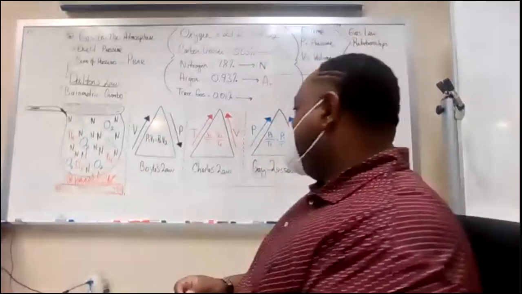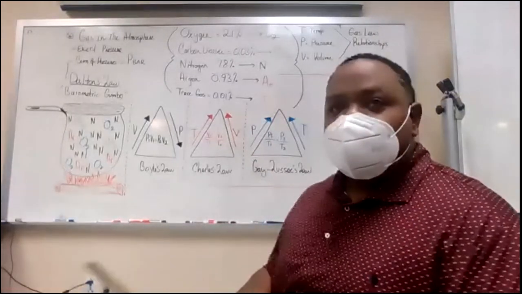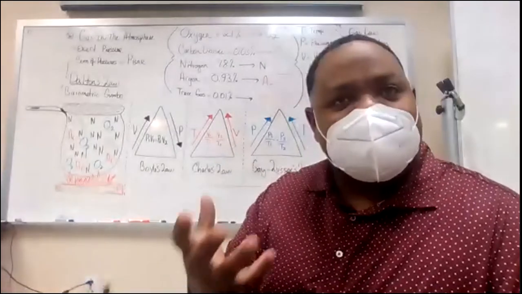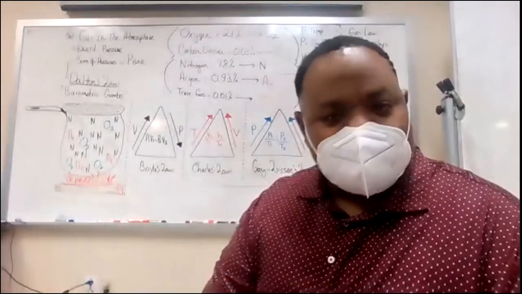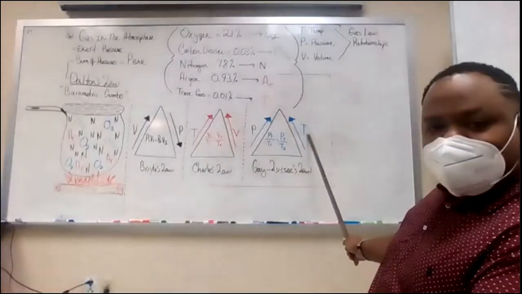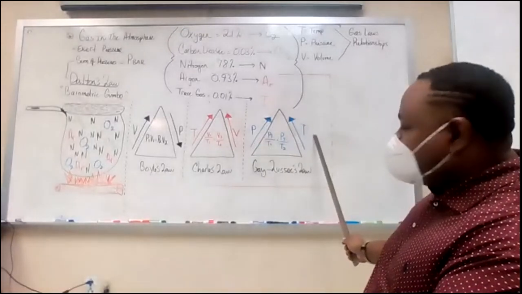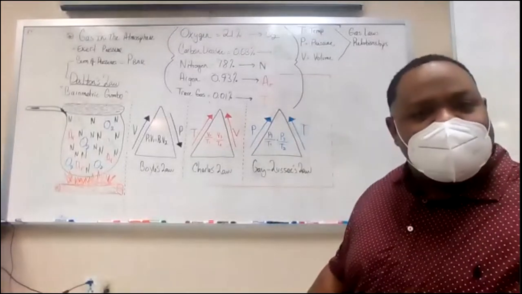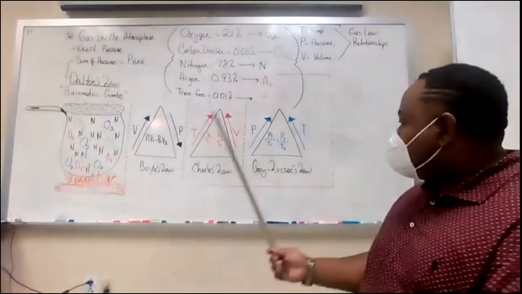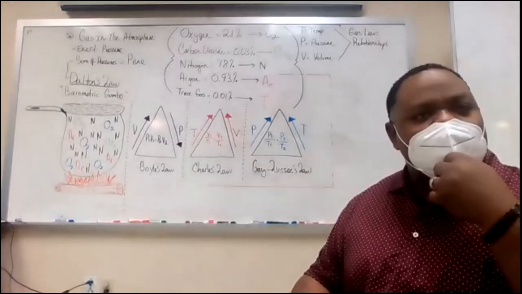The pressure is leaving the can, and at the same time, the temperature is dropping. Well, that would be an example of Gay-Lussac's law. Gay-Lussac says that pressure and temperature are directly related.